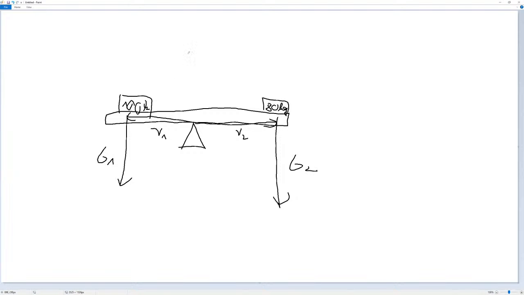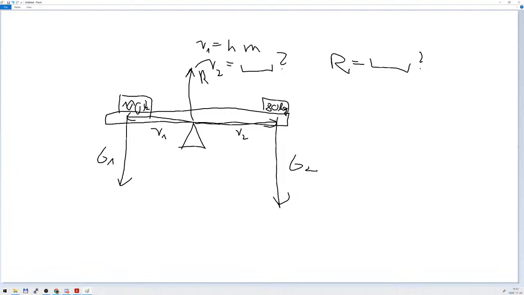What is the R2 if R1 equals 4 meter? What is the R2? Calculate it and also tell me what is the magnitude of the reaction force. And solve it now, please.